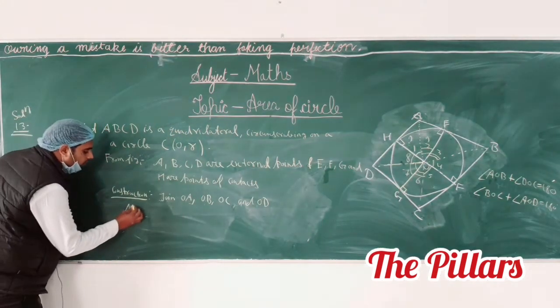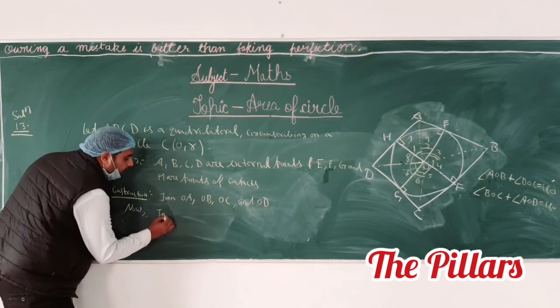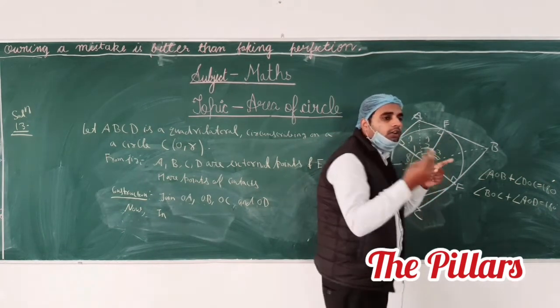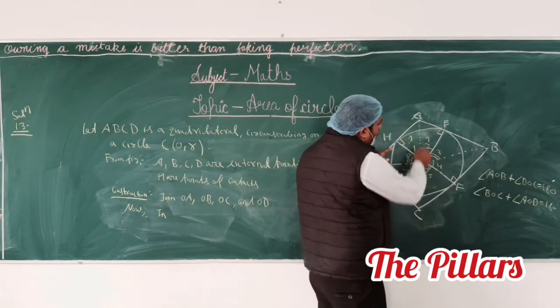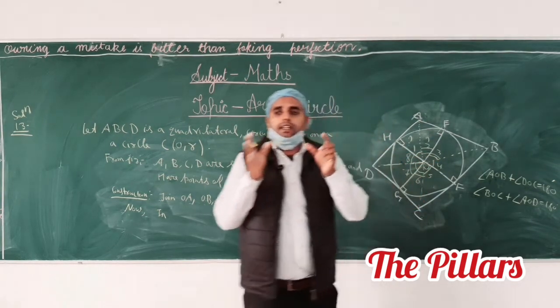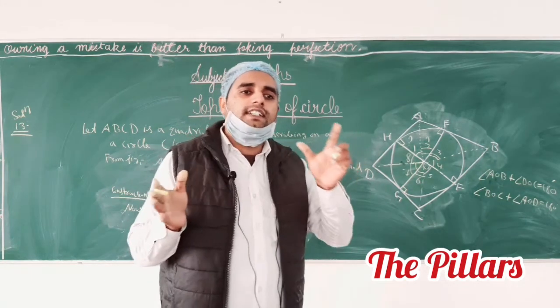Now, when you join OA, it divides triangle HOE into two triangles, triangle HOA and triangle AOE. You try to prove that these two triangles are congruent using the side criteria.